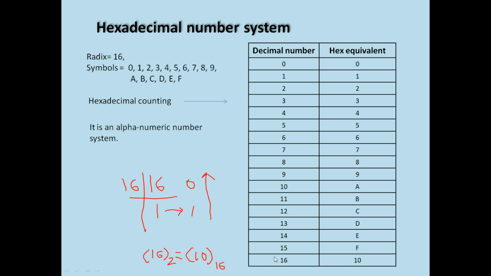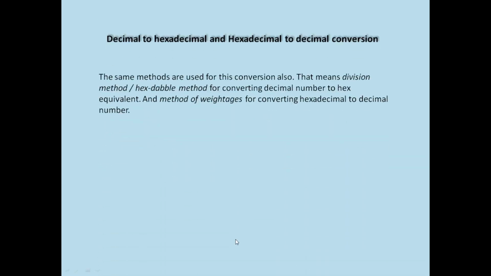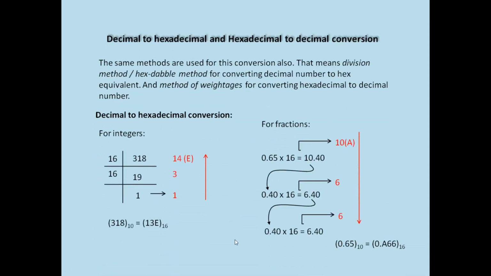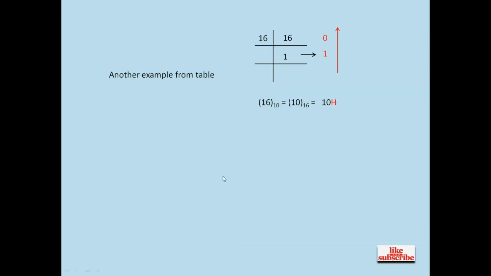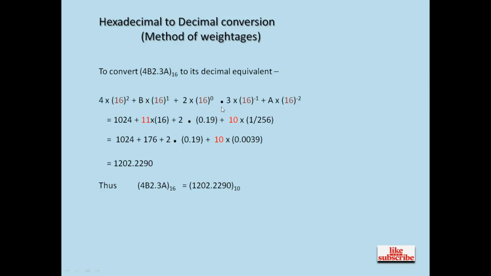I have just purposefully added this 16. You will find up to 15 only in the books. This 16 is to understand how the hexadecimal count continues, right? So let us move further. Right, so that example is explained on this page also. We have discussed it.